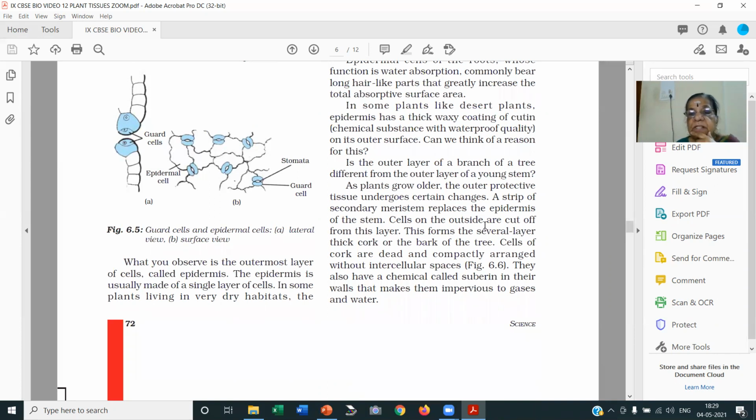Cells on the outside are cut off from this layer, and this forms a several-layer thick bark. That's called thick bark or bark of the tree. The cells of bark are dead and compactly arranged without intercellular spaces. They also have a chemical called suberin in their walls that makes them impervious to gases and water. Are you clear? Yeah? So this is for cork and about the bark.